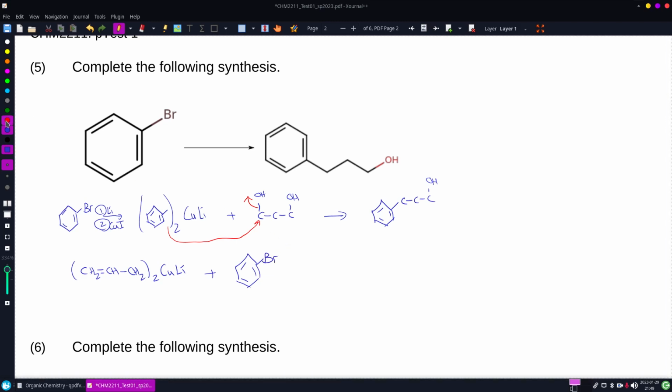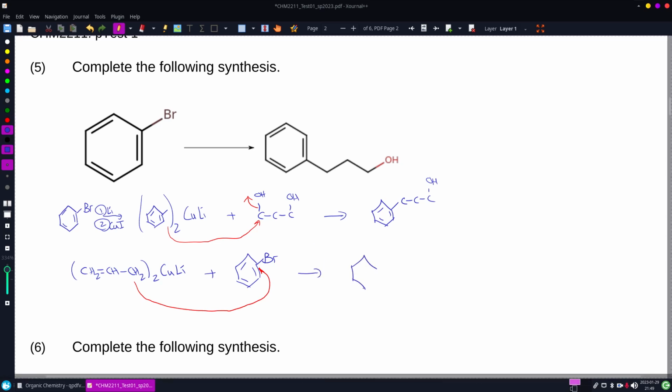So my backside attack now goes from that location, because it's near the copper lithium, to that point right there, giving me benzene connected to that CH2, which is a single bond to a CH, which is a double bond to a CH2.